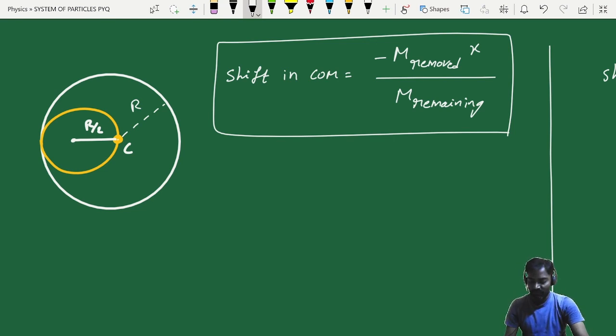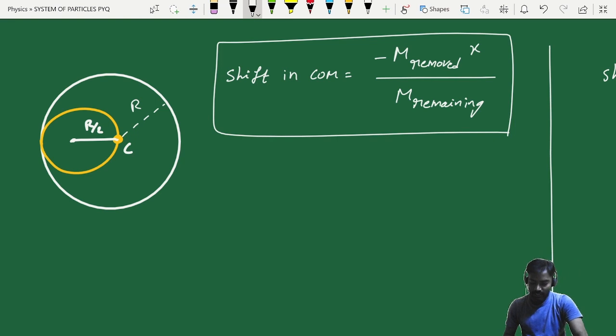Here the meaning of x is the distance between the center of mass of the original disk and the center of mass of the removed disk. According to this diagram, distance x is r by 2. This distance is the x value. Right, students? This is also based on the algebraic sum of moments of mass being equal to 0 about the center of mass.